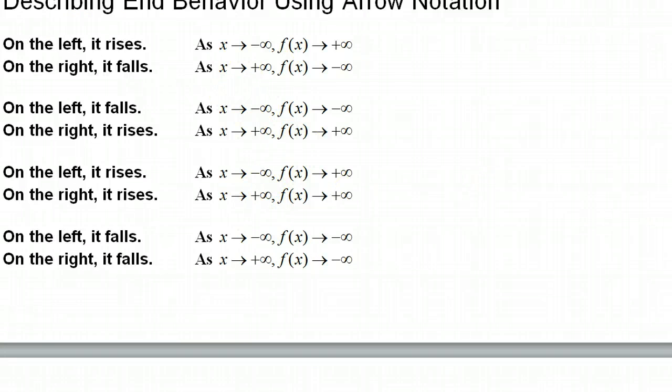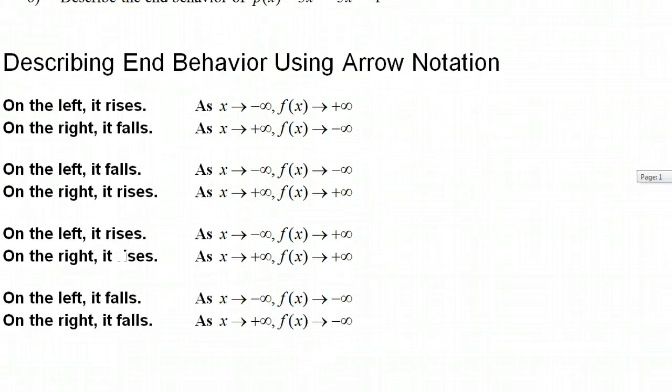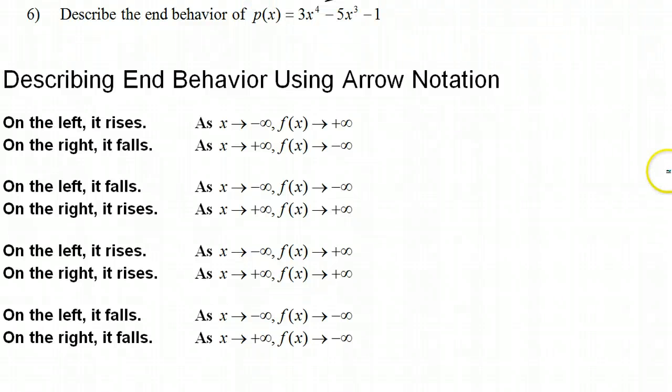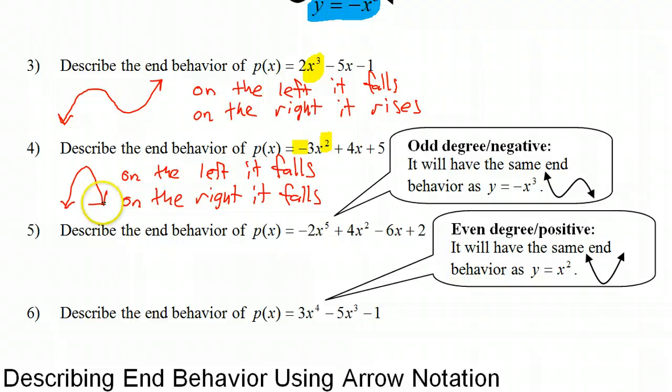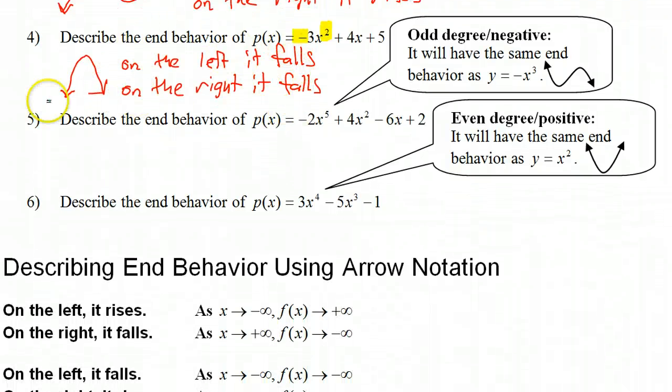We'll go to that, but I wanted to make sure that you have the concept down. If you do the notation wrong, that's one thing, but right now I'm focusing more on, do you understand the concept? Now look at number 5.